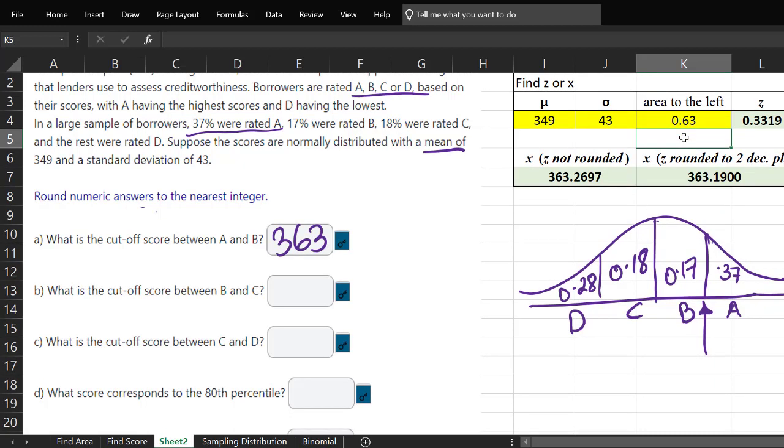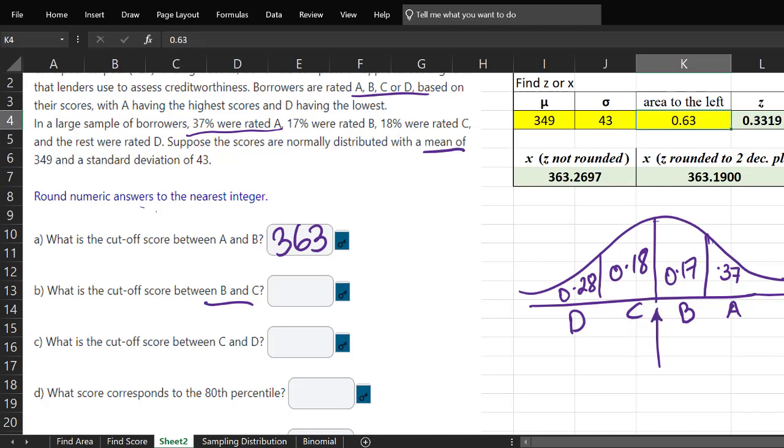So for the second one, we want the cutoff between B and C. So we're looking for this cutoff right here. Again, we can take the area to the left of that point, which is found by adding these two values over here. If we add those two values, we will get 0.46.